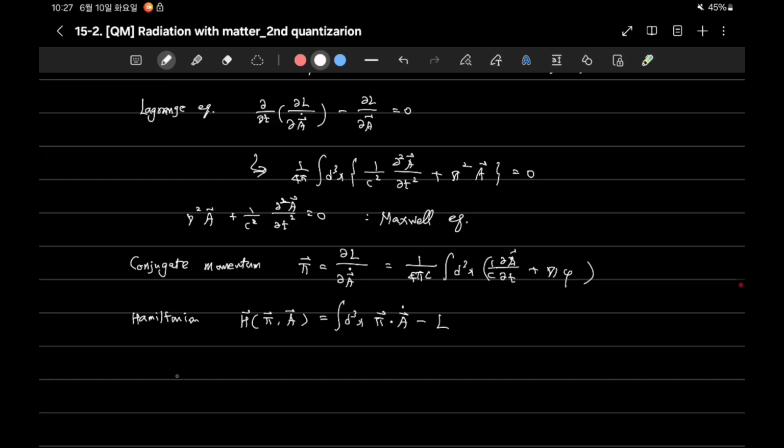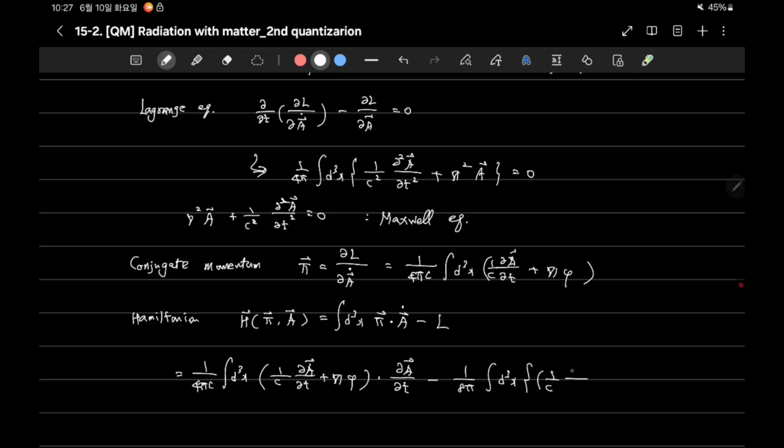From this definition, the Hamiltonian can be written as 1 over 4 pi c volume integration of (1 over c partial A partial t plus gradient phi) dot partial A partial t. That is the first term. And the Lagrangian is 1 over 8 pi volume integration of (1 over c partial A partial t plus gradient phi) squared minus (curl A) squared.